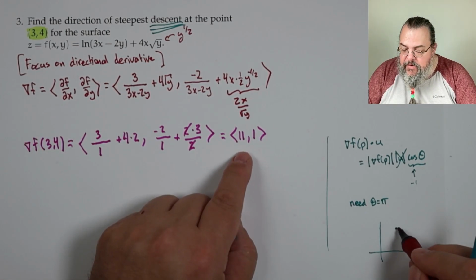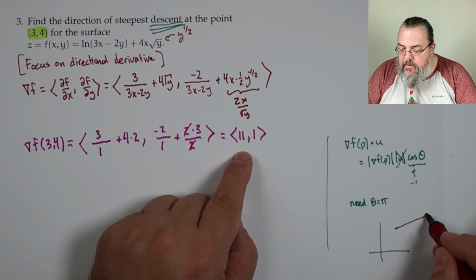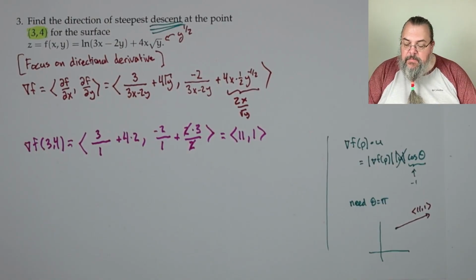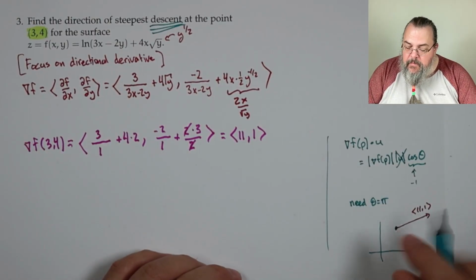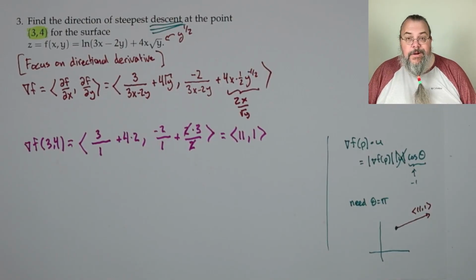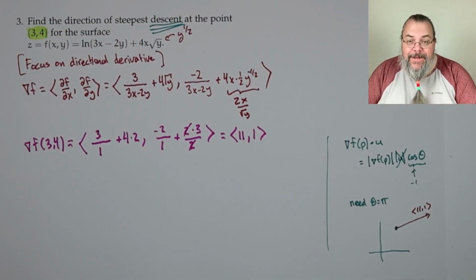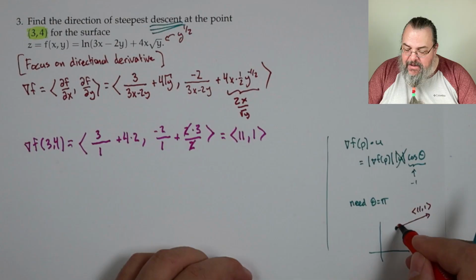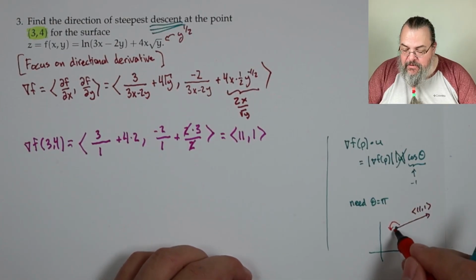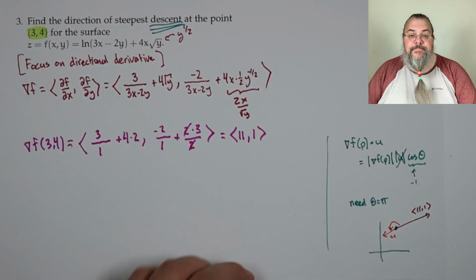It points in this direction. This is the vector 11, 1. And what we need is that u has to be an angle of pi away. If you're an angle of pi away, that means that you are 180 degrees, so u points exactly opposite.